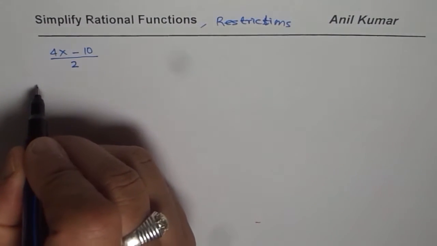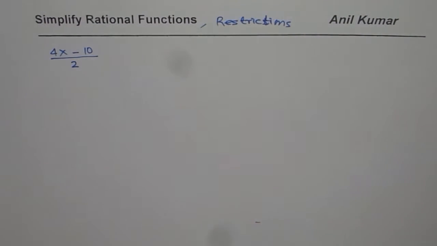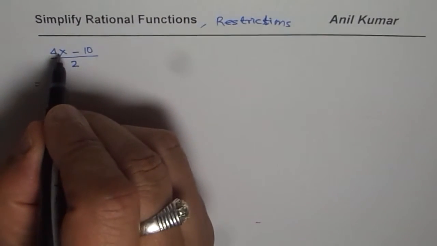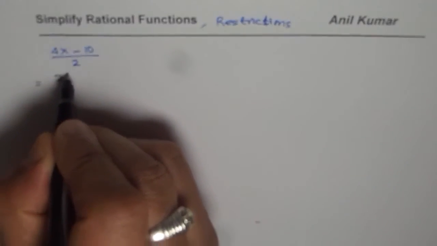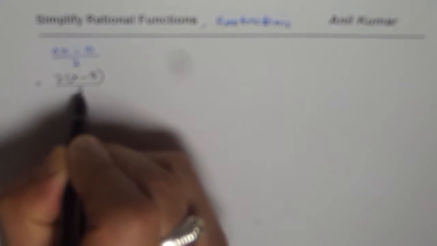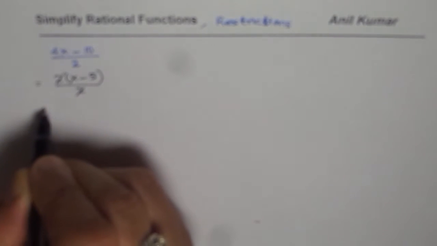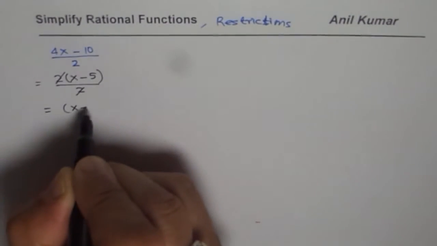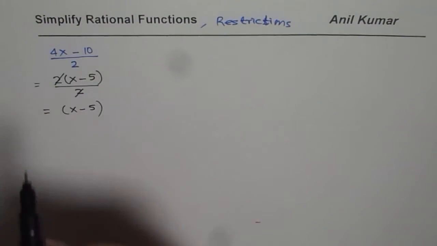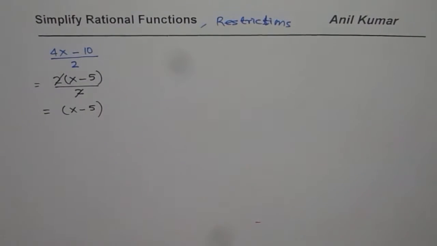So we can write this rational expression by taking 2 common, we get 2 times x minus 5 divided by 2. Now 2 and 2 cancel, and what we get is x minus 5, correct? So 4x minus 10 divided by 2 is indeed equal to x minus 5.